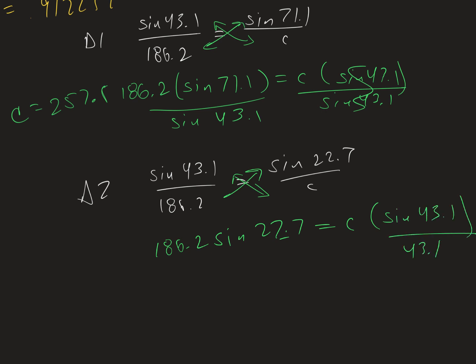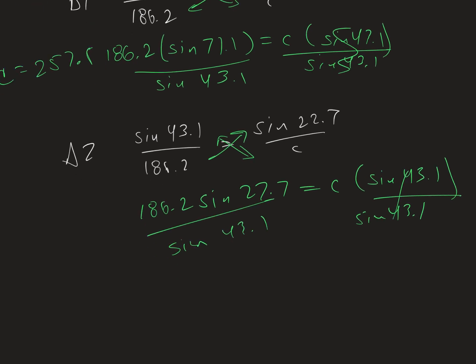Divide both sides by sine of 43.1. And little c over here equals, again, 186.2 times the sine of 22.7, divided by sine 43.1.